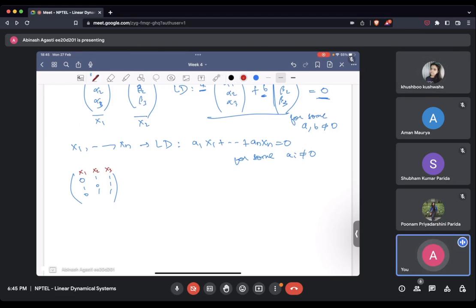Linearly dependent? How can we say so? Tell me the coefficients that make them linearly dependent.